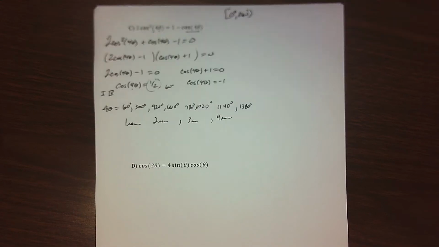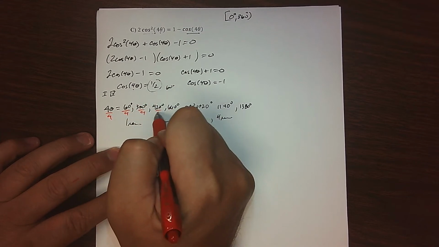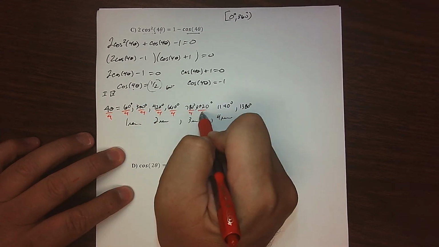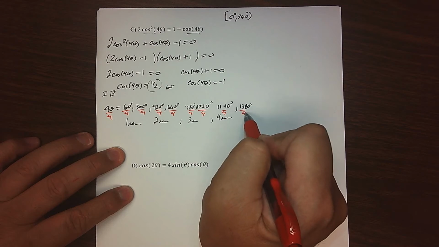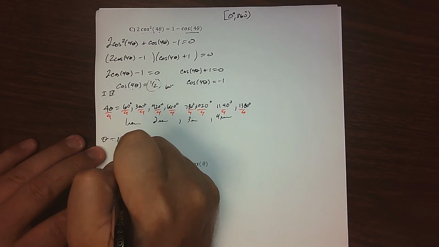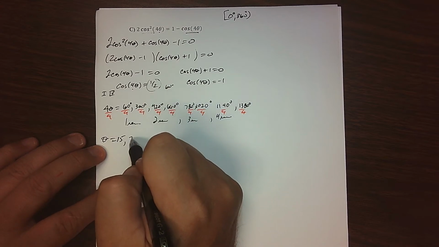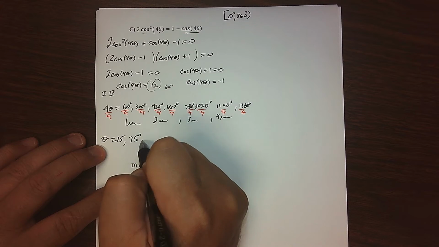And of course, to figure this out, we now take everything and divide everybody through by 4 to get what we need. So it looks like the first angle is 15 degrees. The second angle, I believe, is 75 degrees.